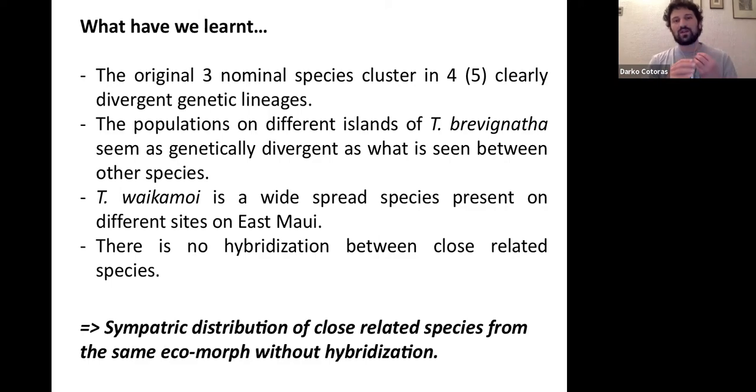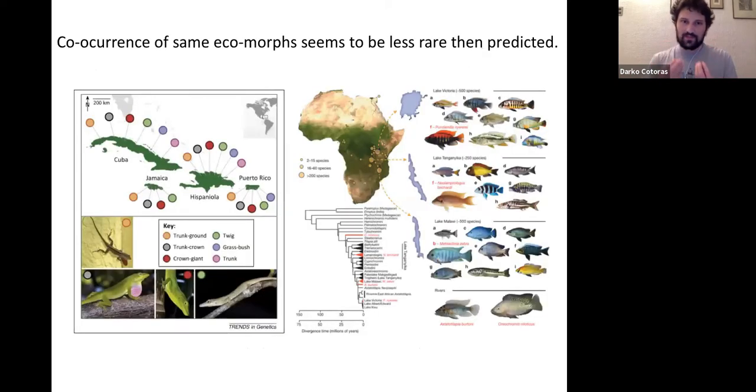Why is this so relevant for adaptive radiations? Because before this and other data, it was thought that different ecomorphs should be separated and never could occur. So thanks to the chronosequence display of the Hawaiian Islands, we were able to find the exact snapshot where species have already formed, but they come into secondary contact. But because they're already well-established species, even if they have the same ecology, they don't hybridize.